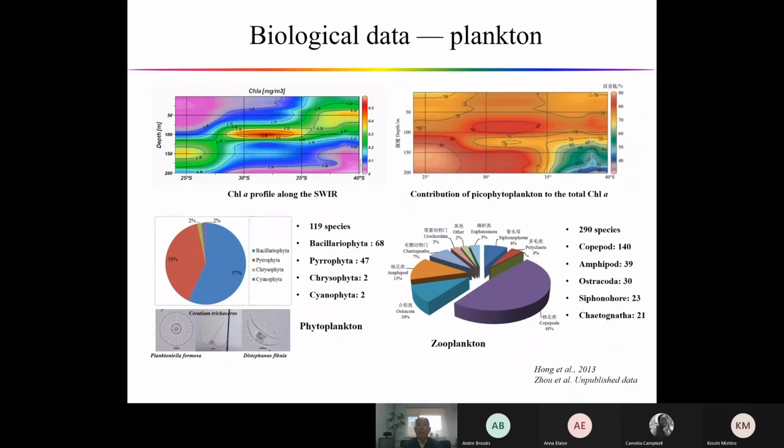We obtained the biological data in the overlying water columns, including chlorophyll a, phytoplankton. There were totally 119 phytoplankton and 200 zooplankton found, and both of them are of high diversity. Dinoflagellates are the dominant phytoplankton group, while copepods were the most abundant zooplankton.